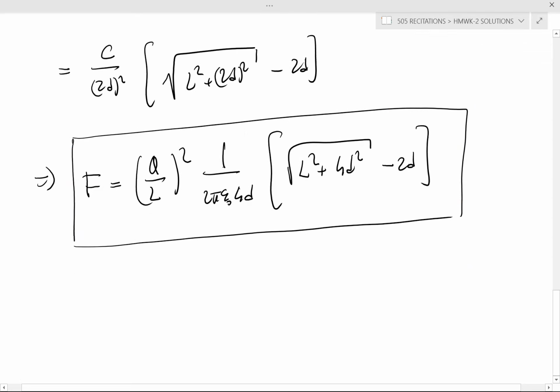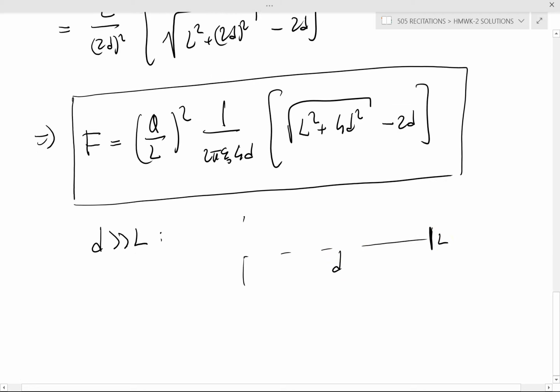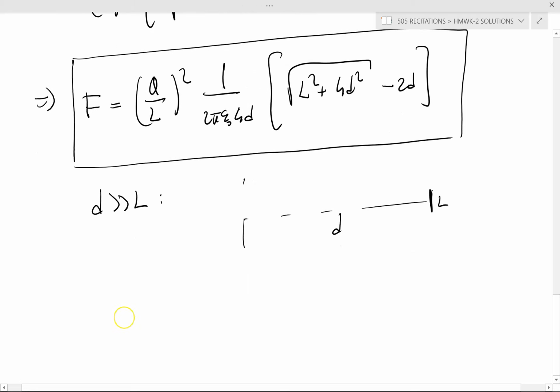Okay, we would like to analyze what happens if D is much larger than L. What is going on physically? So the rod is quite away from the infinite plane with respect to its dimension. In this case, we would like to re-express in terms of L over D, right?